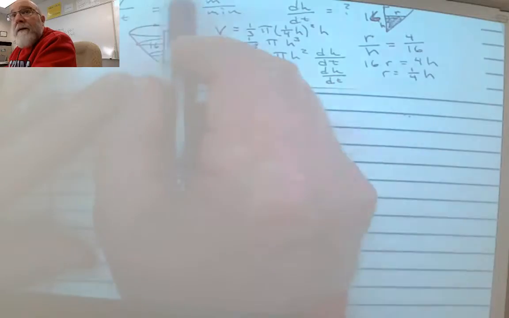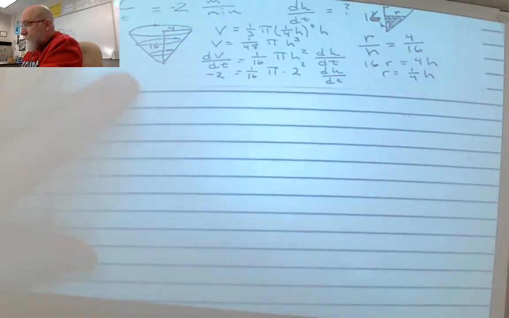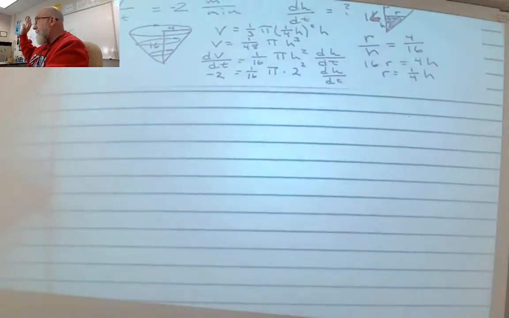Oh, it says when it is 2 meters high, correct? Right? So I can put a 2 squared here. Everybody see where I got that?